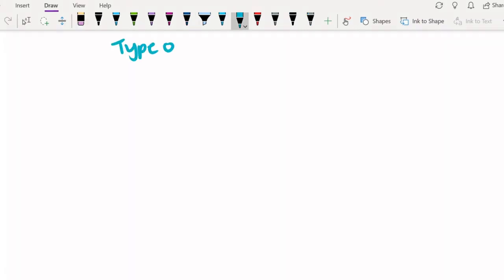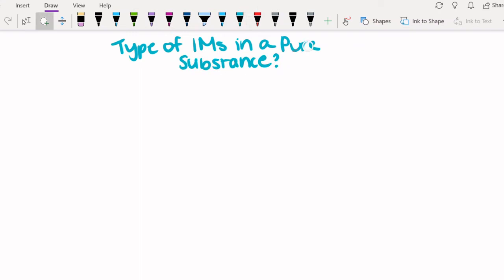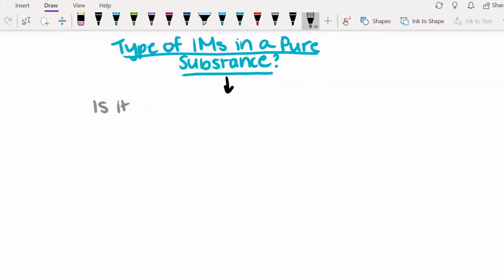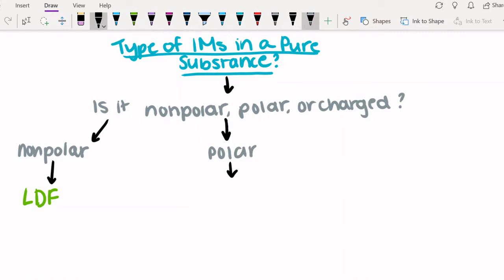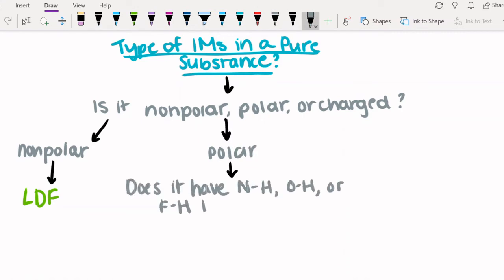Now that we know the types of intermolecular forces, how do we identify the forces present in a pure substance? First, we need to ask if the particle is nonpolar, polar, or charged. If it's nonpolar, the only force present must be London dispersion force. If it's polar, then you must determine if the molecule has NH, OH, or FH bonds.